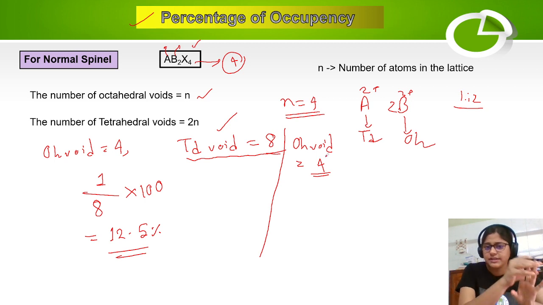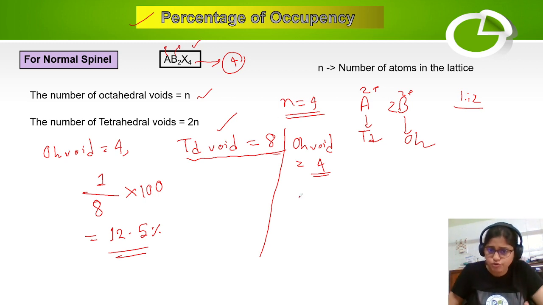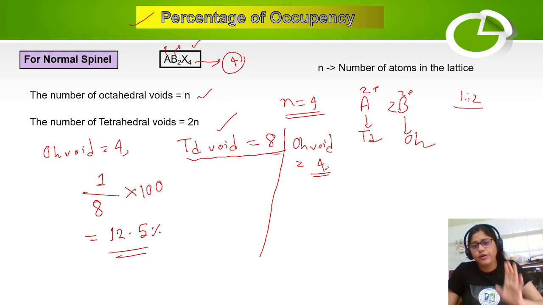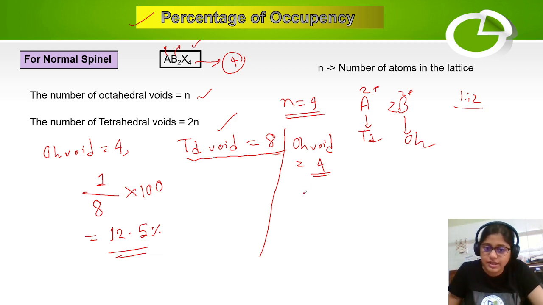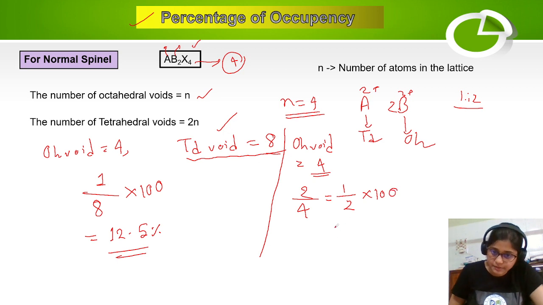They can sit anywhere among the 4, right? They can be exchanged between the 4 octahedral voids also. So we don't know where they will sit. They will sit among 4. So how can we calculate the occupancy for each octahedral void? It will be 2 by 4, which is 1 by 2, and in percentage it will be 100 multiplied by that, and it is 50%.